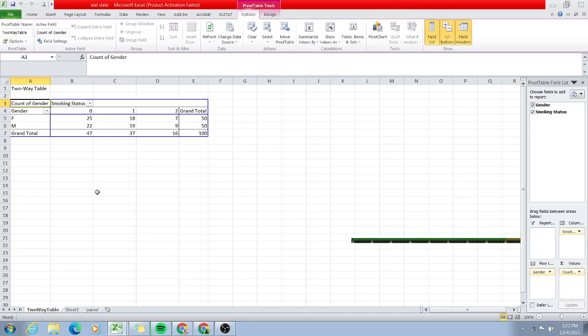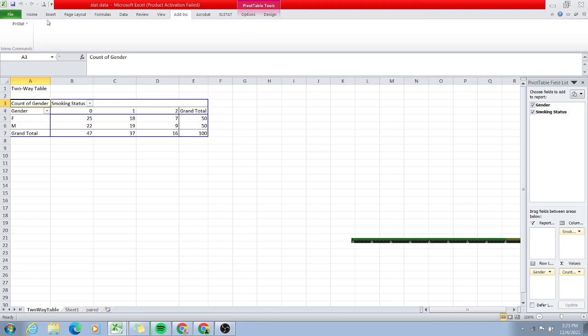It is a 2x3 contingency table, meaning there are 2 rows and 3 columns. The 2 rows represent the 2 groups for gender, and the 3 columns represent the 3 categories for smoking status. Now we are going to run the chi-square test of independence.